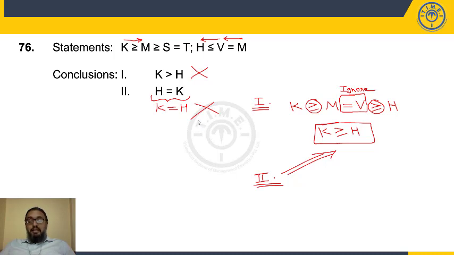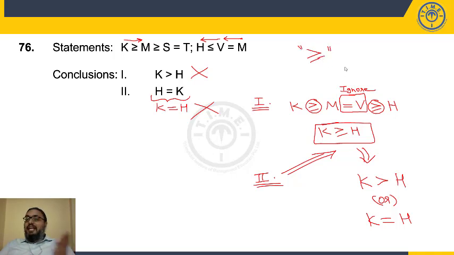Correct? But this is where you need to be careful that my relation is actually greater than or equal to H. So if I split this and write, I am going to split this as K is greater than H or K is equal to H. That is how you specify this inequality, no? Correct? You will not say greater than and equal to.